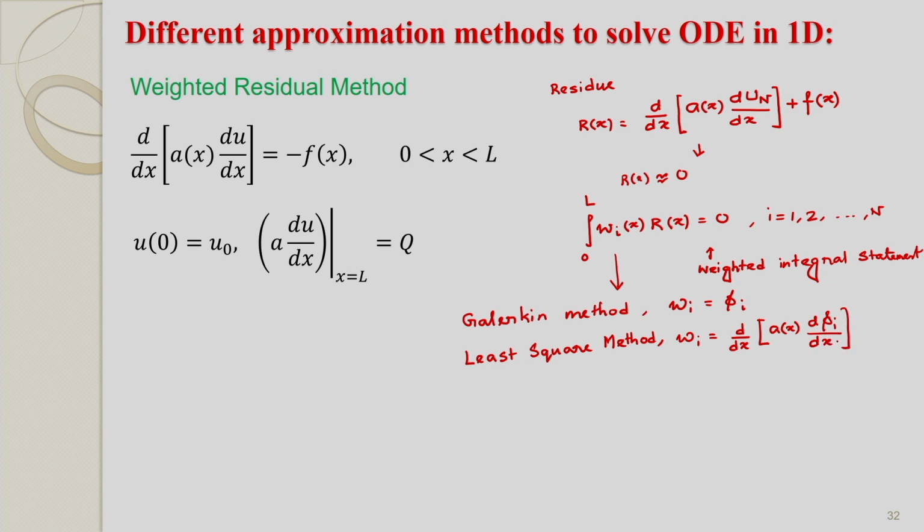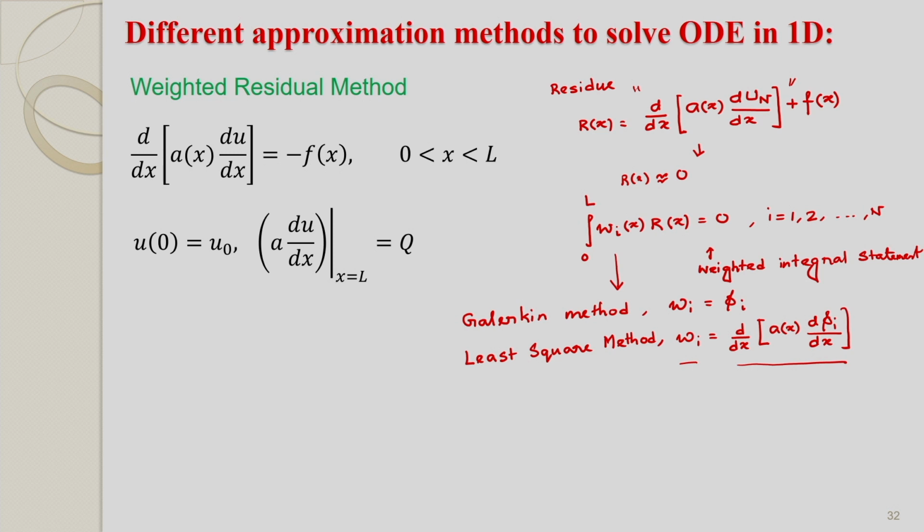So, here only the dependent variable portion of the residue should be taken, and we should replace the dependent variable by phi I. So, if we choose this form of weight, then the method is called least square method.